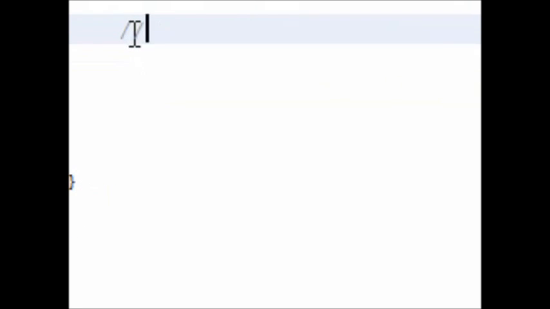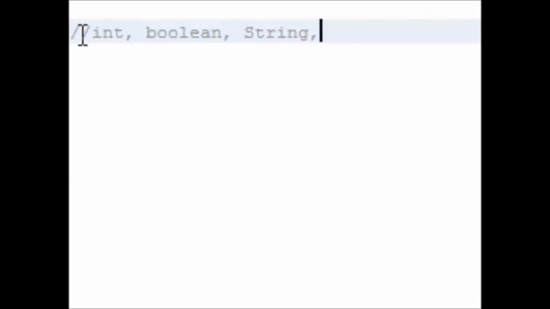We are talking about some types of variables. For example, we have integer, boolean, string, double, and float. When we declare a variable, we have to write first the type of the variable.